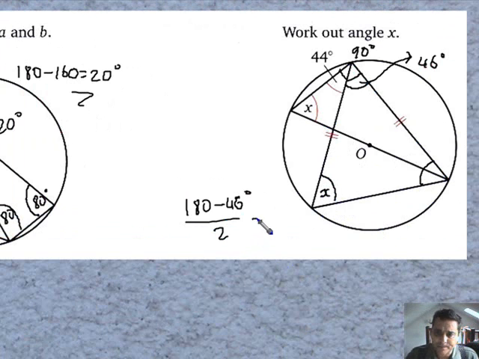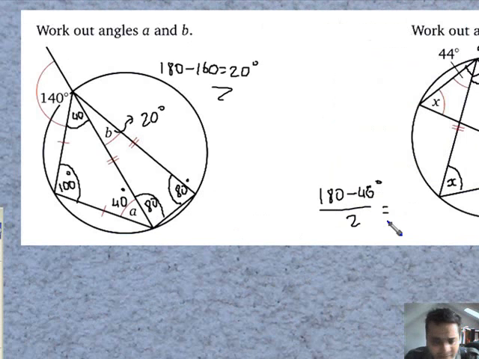So let's just work it out. 180 take away 46 comes to 134, and then we divide that by 2, and there it is, 67 degrees.